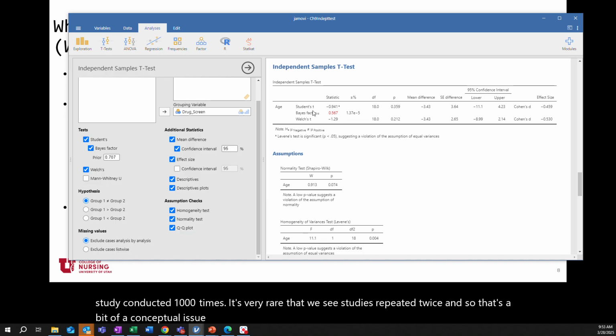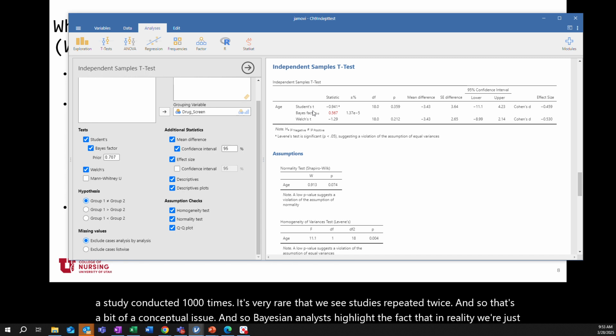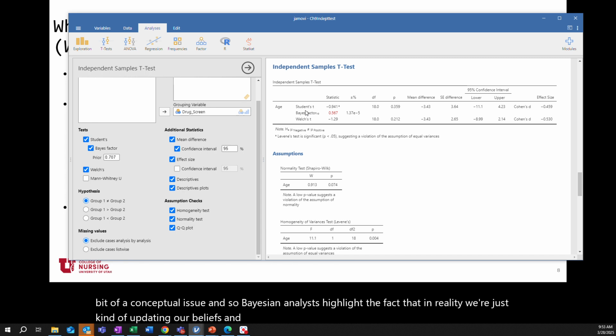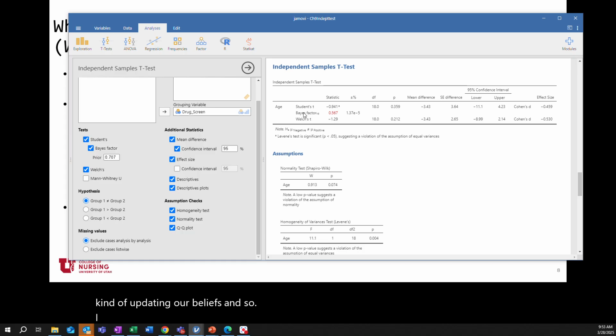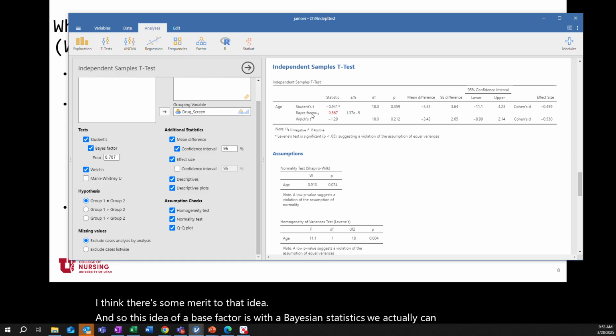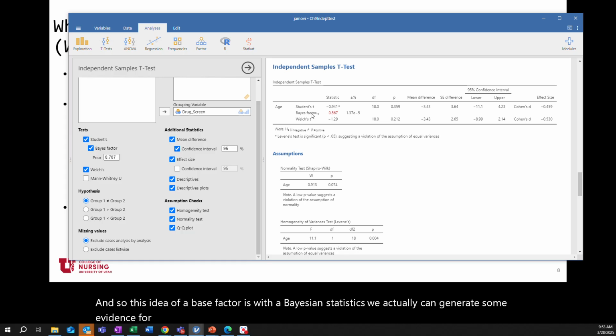And so Bayesian analysts highlight the fact that in reality, we're just kind of updating our beliefs. And so I think there's some merit to that idea. And so this idea of a Bayes factor is, with the Bayesian statistics, we actually can generate some evidence for one hypothesis or the other.